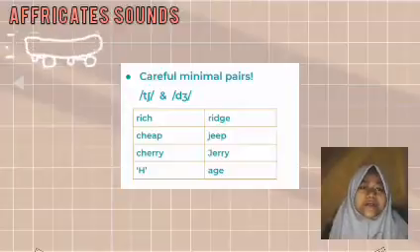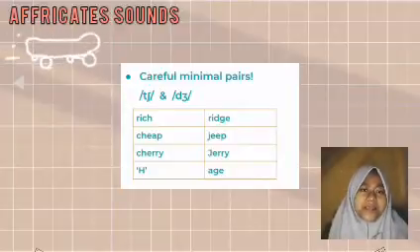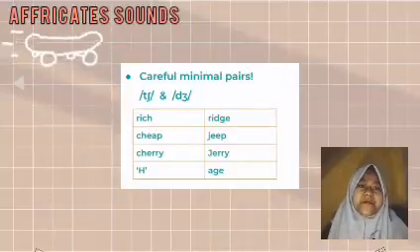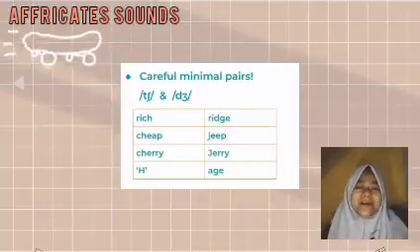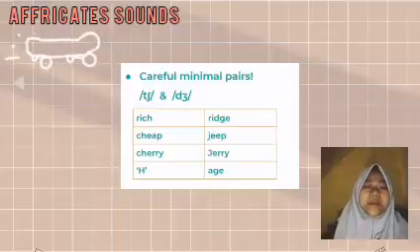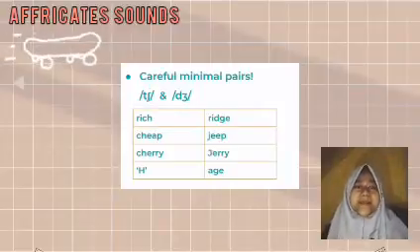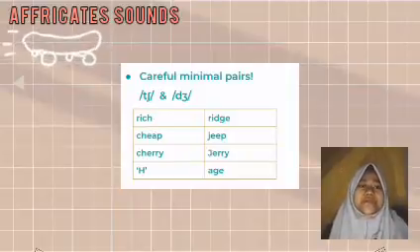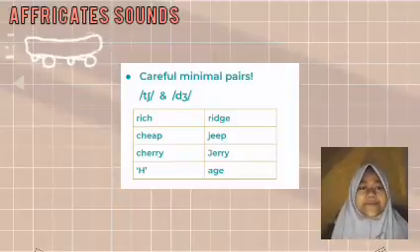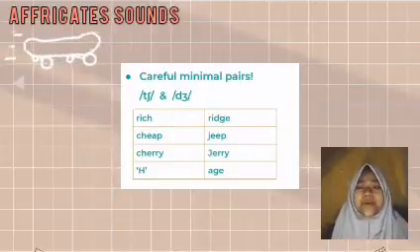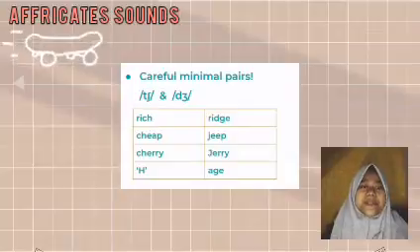There are of course some minimal pairs as well as always ch or j. Remember, minimal pairs are pairs of words where all the sounds are exactly the same apart from one sound in the same position. And so that means we have to be very careful, because if we get the sound wrong, we actually say another word with a different meaning in English.